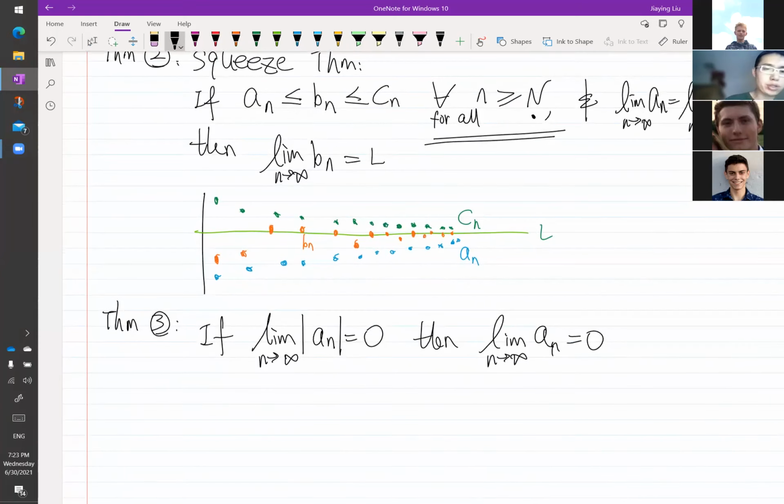I'm going to quickly show you the proof that's from the book. So proof, very brief. I think it's understandable. We know that the absolute value of an, remember an is an element from a sequence. So for any given lowercase n, that's a number or value.